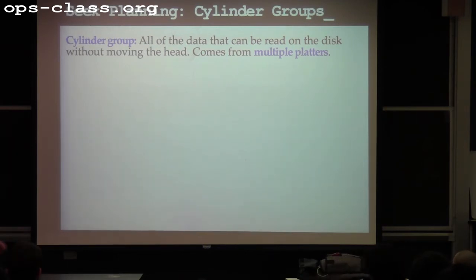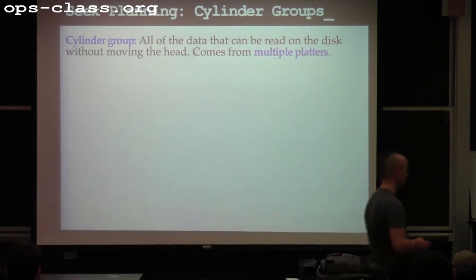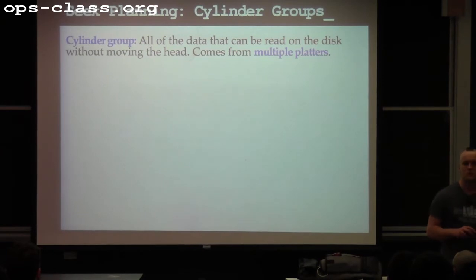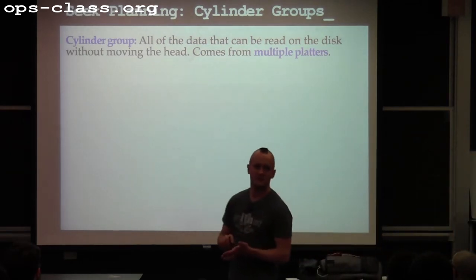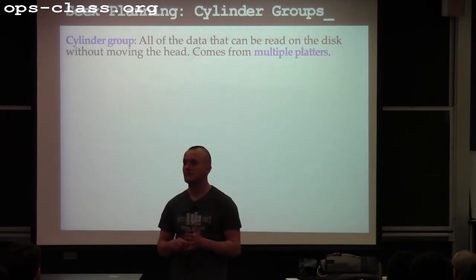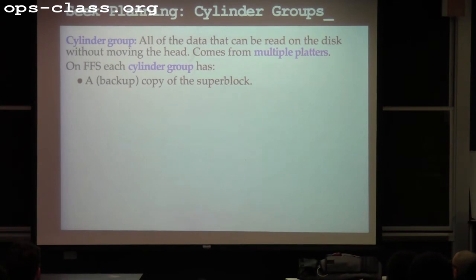So how did FFS incorporate this into its design? Who remembers? Oh, come on, I had a whole funny slide about this. How did FFS use cylinder groups? Nobody remembers? Every cylinder group looks like a small file system on FFS.